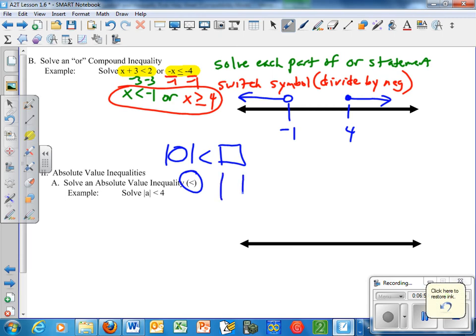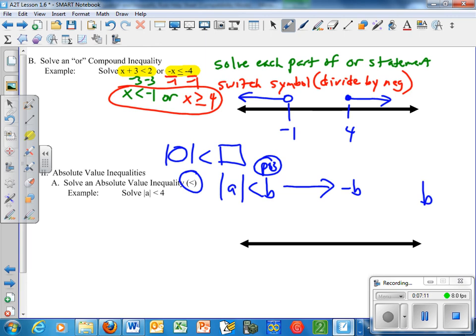If the absolute value of A is less than B, which is the scenario we have here, it tells us we write this. You put the opposite of the number, and B is a positive. Remember, this was a positive number. We put the negative on the left, the positive on the right, and A goes in the middle, in between the symbols, so we're getting smaller to bigger, left to right there. So that's the rule we're following on that help sheet.